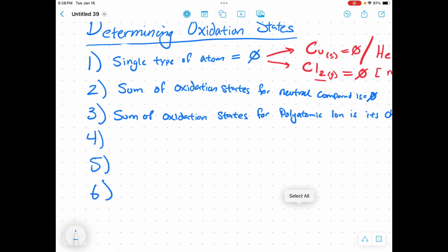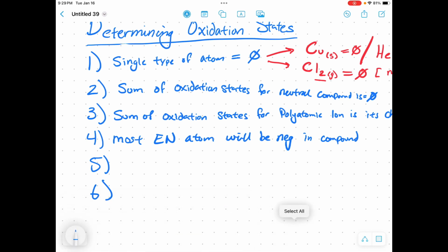But our next rule is that the most electronegative atom will be negative. And the least electronegative atom will be positive in a compound.